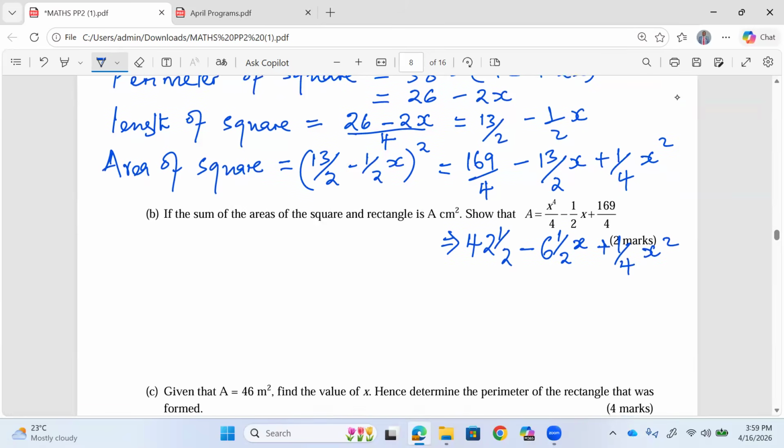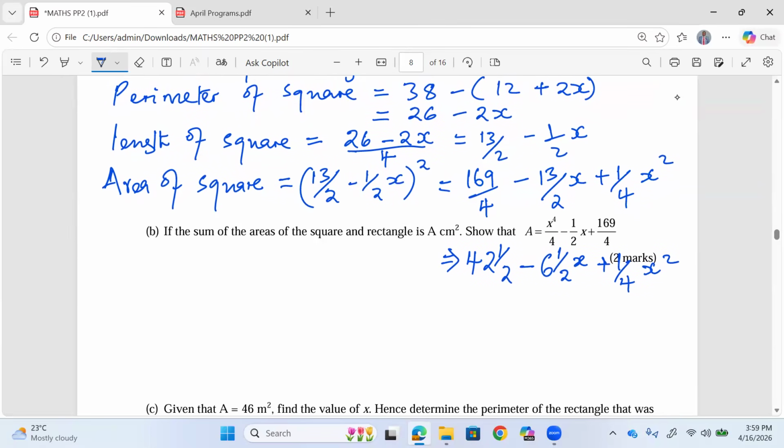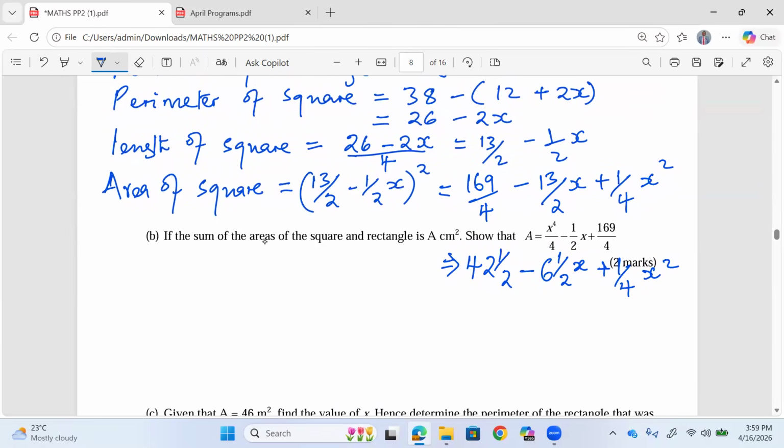Then part B of this question. Let's read part B of the question. Now, if the sum of the areas of the square and the rectangle is A square centimeters, show that the total area of the square and the rectangle is equal to this expression. Remember, area of the square has been expressed here. What about area of the rectangle?